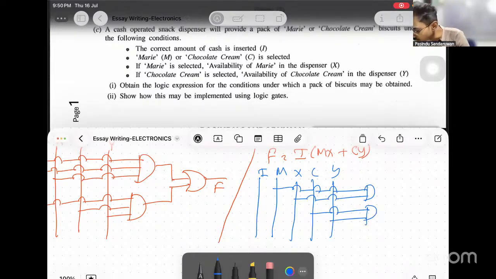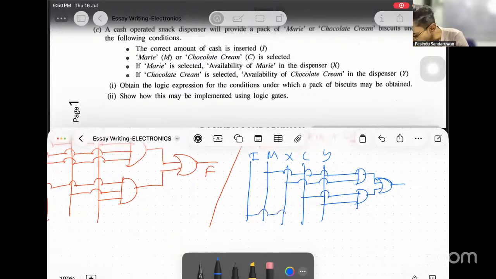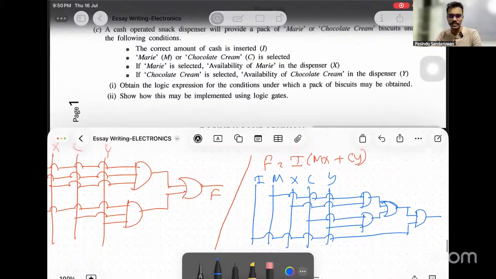These two should be added with a plus gate, and from this the addition comes out, and with I it should be a dot, so take I from here and connect an AND gate here for the dot connection. That's it. So likewise, there are different circuits. That is up to you, and for any correct circuit, total marks will be given.